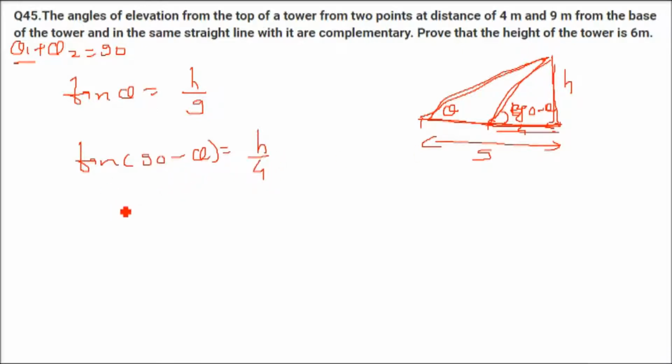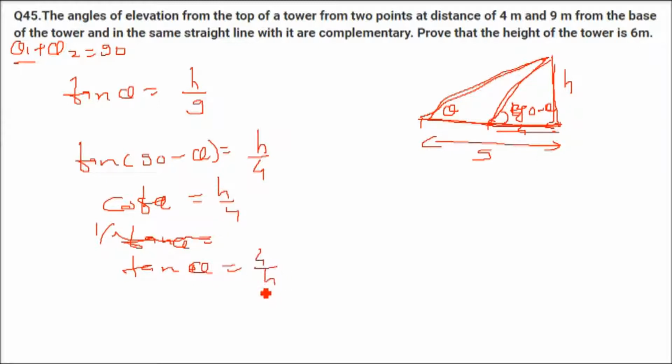So tan 90 minus theta is cot theta. But cot theta can be written as 1 by tan theta.